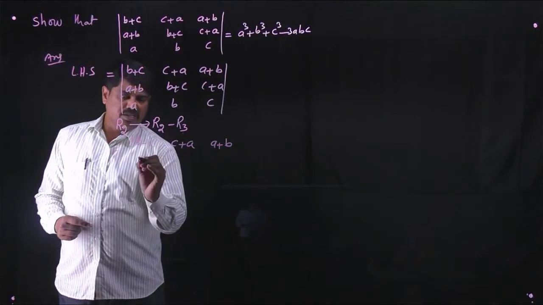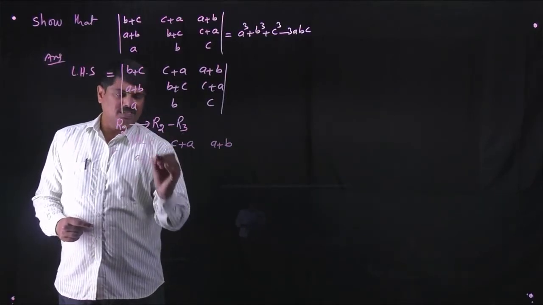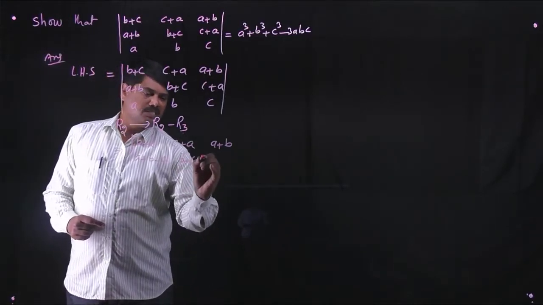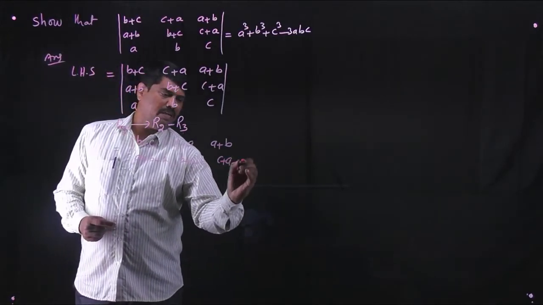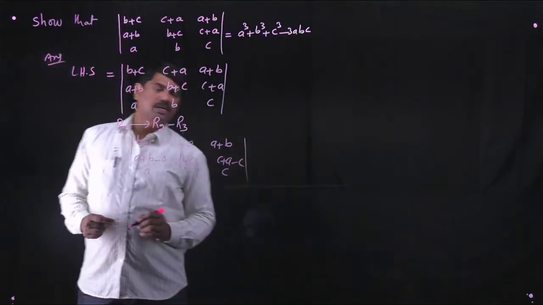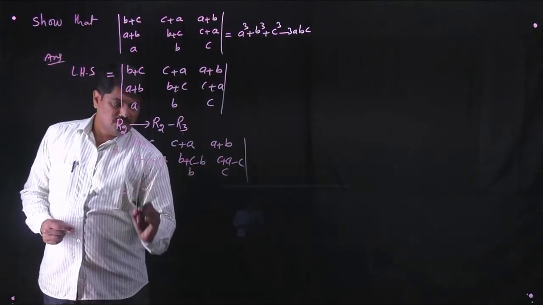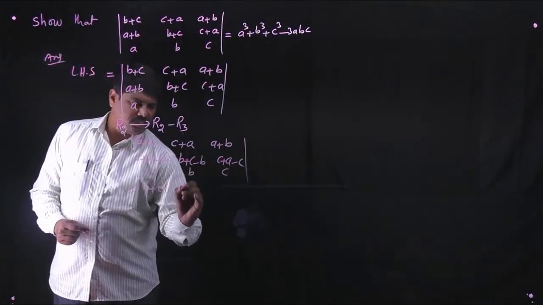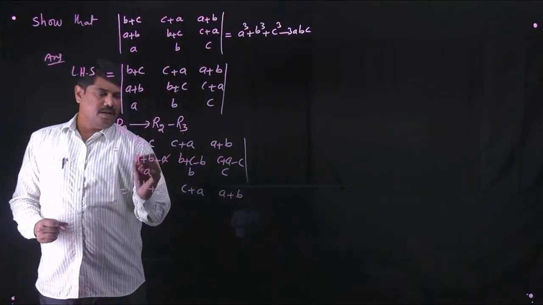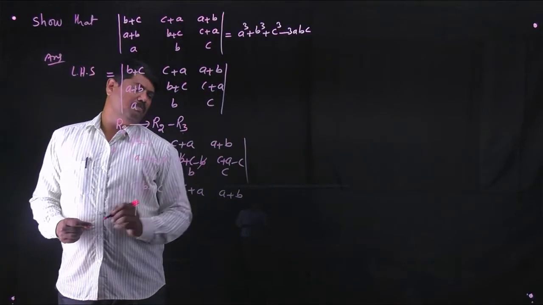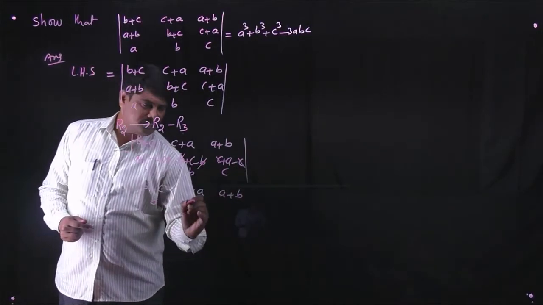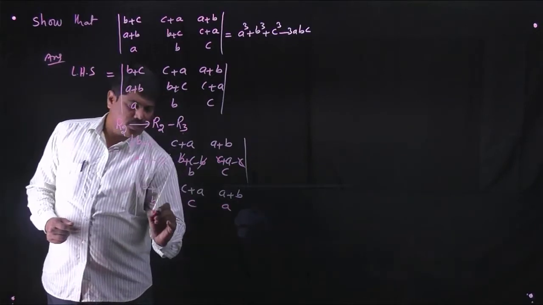Second row we are changing with R2 minus R3, that means b plus c minus b, c plus a minus c, a plus b minus a. The third row again remains the same, no change. Later, plus a minus a get cancelled, b gets cancelled, c gets cancelled. So the second row value is b, c, a. Third row remains the same, a, b, c.